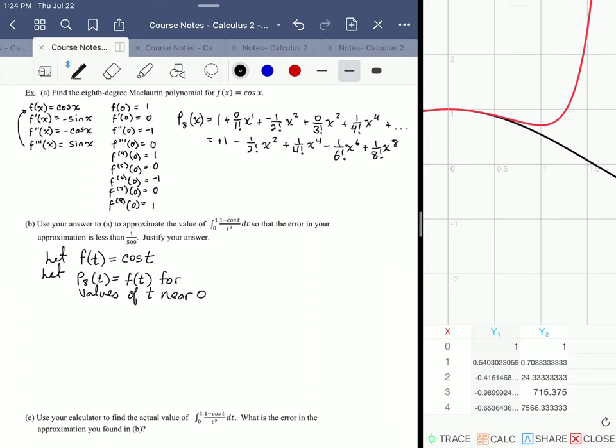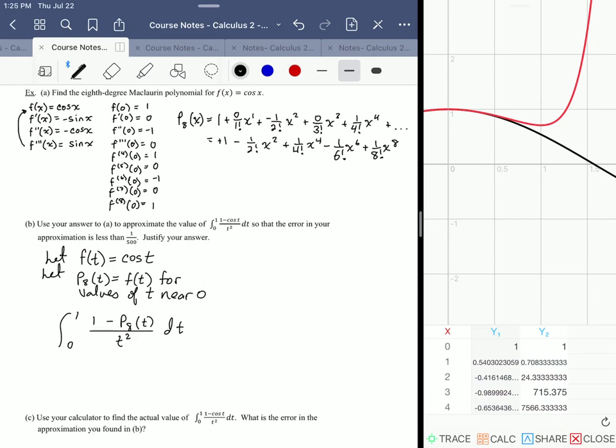All right, so we can make a substitution. So I'm making a variable substitution, t instead of x. That's okay. All right, so the integral from 0 to 1 of 1 minus p sub 8 of t over t squared dt.